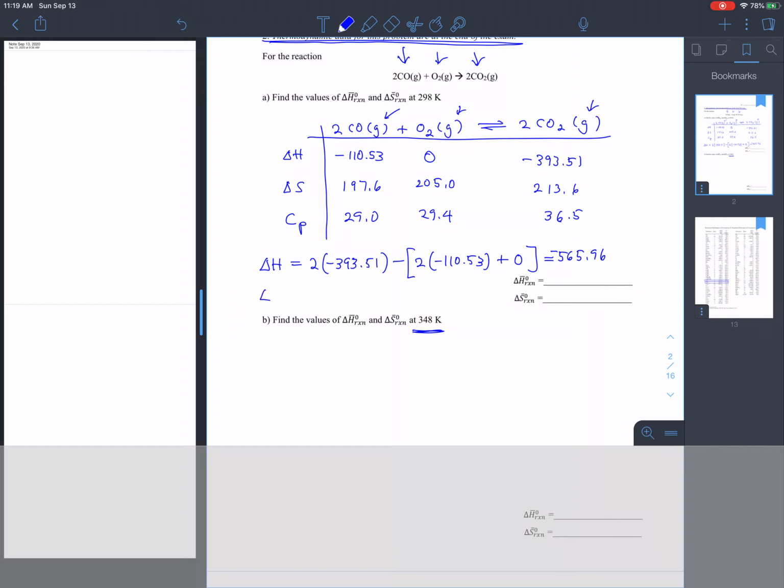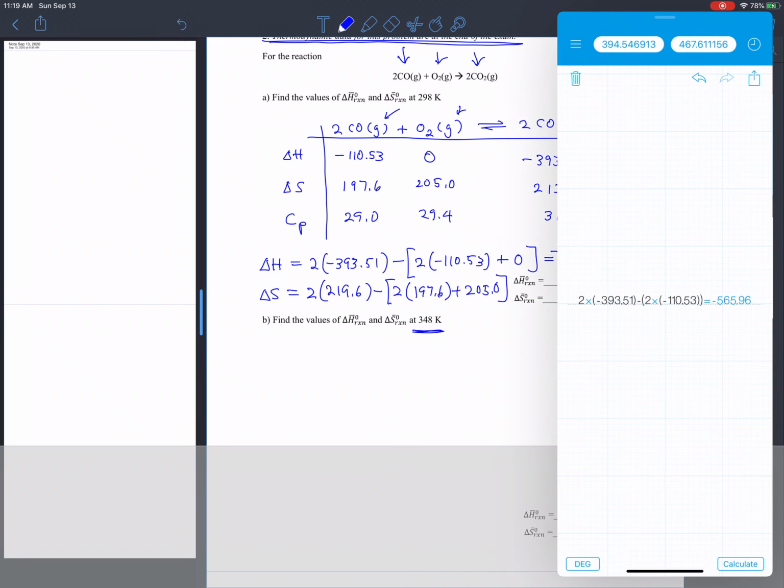And then delta S is equal to 2 times 213.6 minus 2 times 197.6 plus 205.0, and that is 2 times 213.6 minus 2 times 197.6 plus 205.